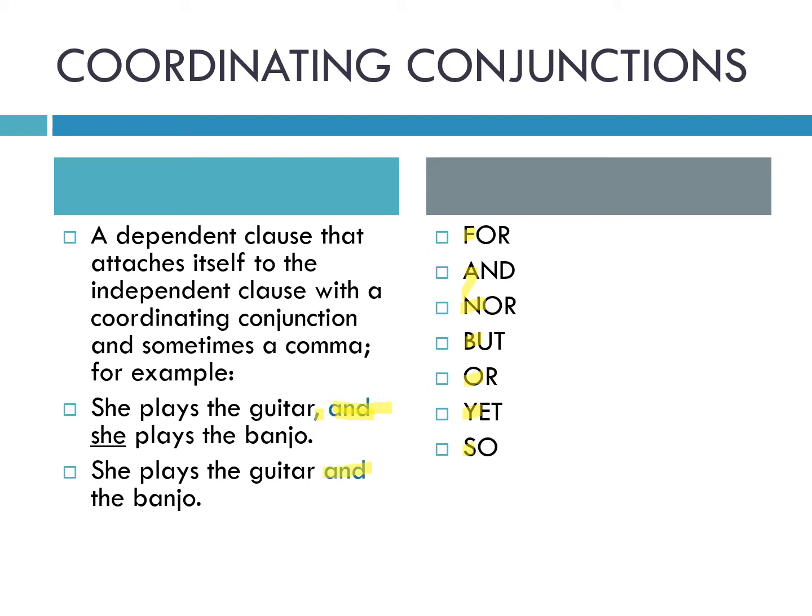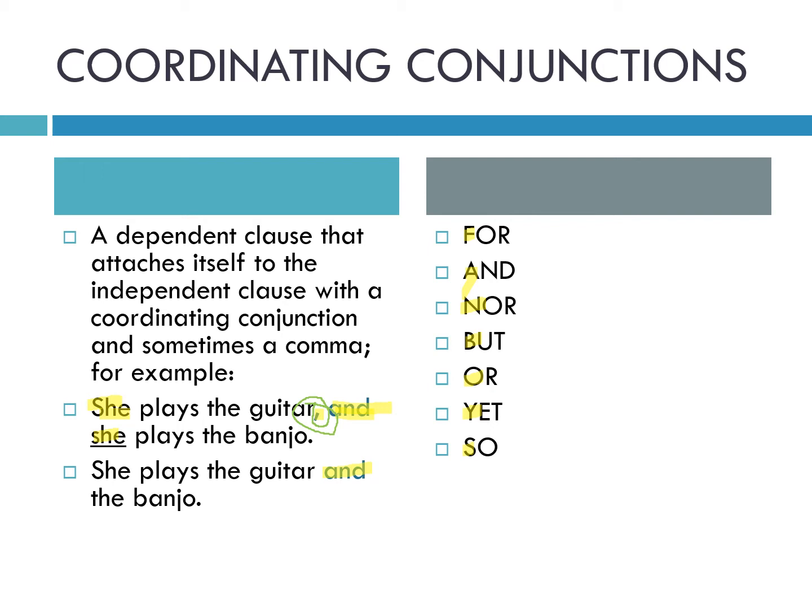We know we need this comma because you'll notice here we have a subject, and here we have a subject. So we have she plays the guitar, she plays the banjo. So you have two sentences, and these two sentences are being joined together by a comma and a coordinating conjunction, and.